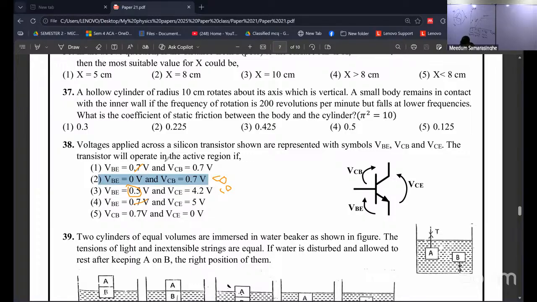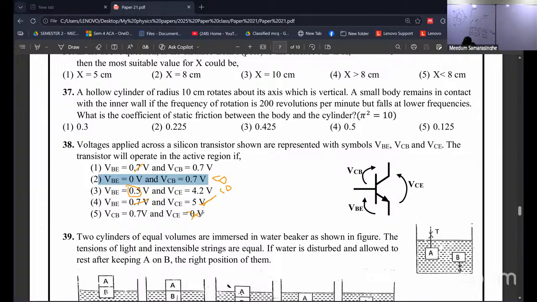So when the transistor is operating in the active region, VB is 0.7, it's okay. VCE, the collector emitter voltage, this can happen, right? The fourth one can happen. Here, VCE cannot be 0.